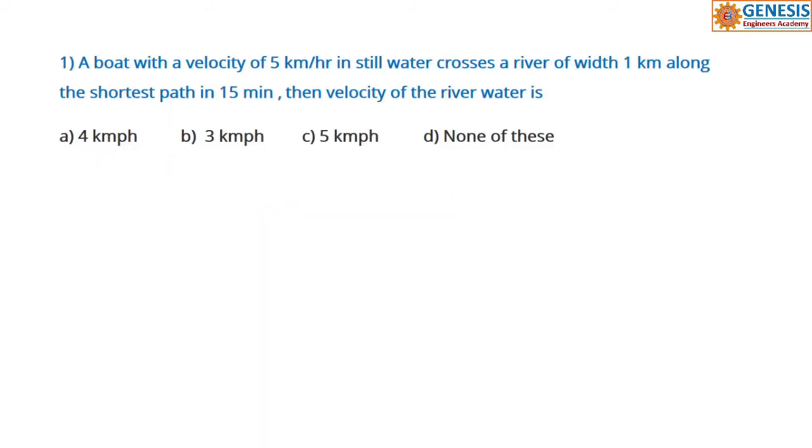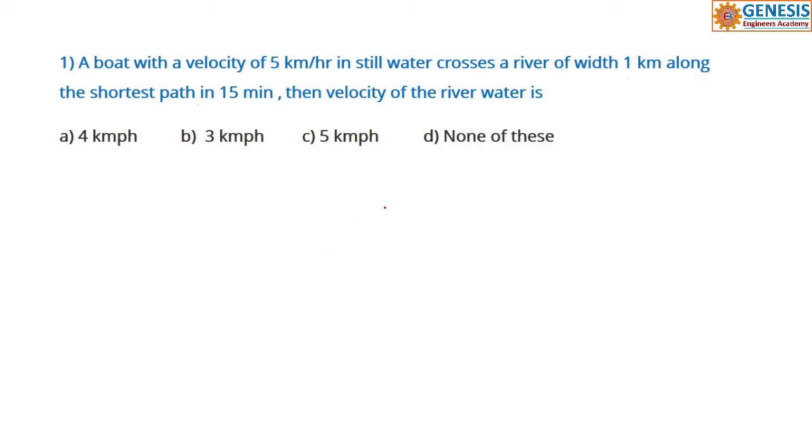A boat with a velocity of 5 kilometers per hour in still water crosses a river of width 1 kilometer along the shortest path in 15 minutes. So the shortest path is nothing but the width of the river.